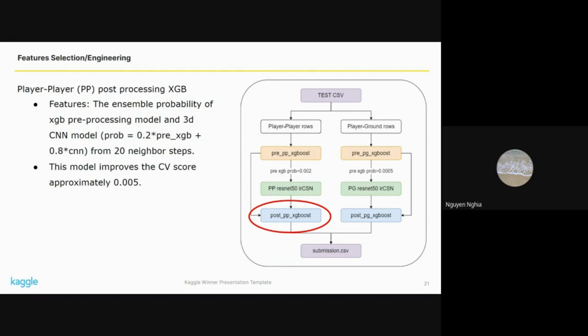For player-to-player contact, the feature I use is the ensemble probability of the HGB pre-processing and the 3D CNN models, with the ratio of probability 20% and 80%, and I use the probability from 20 neighbor steps. This model improves my CV score by around 0.005.